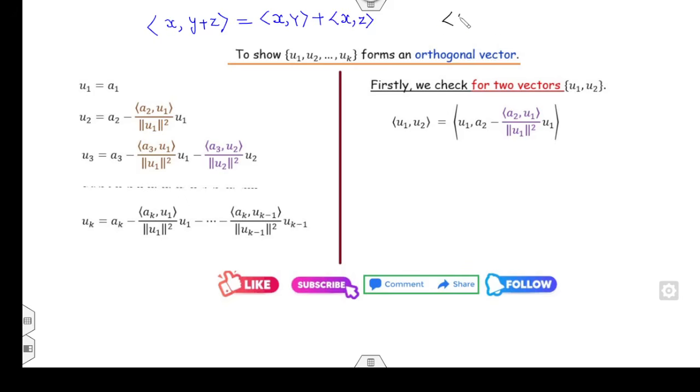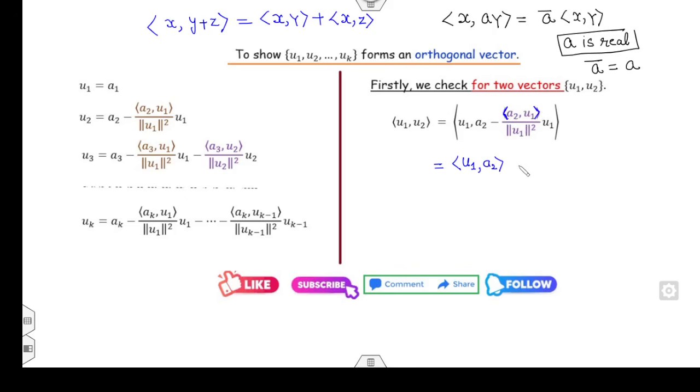And second, if you have x comma a times y, then it is a times x comma y. But if a is real, then the complex conjugate of a is a itself. So it is u1 comma a2. Since this inner product is a real number, and the norm is also a real number, I can write a2 u1 divided by the norm of u1 squared, which comes outside, and the remaining is u1 and u1.